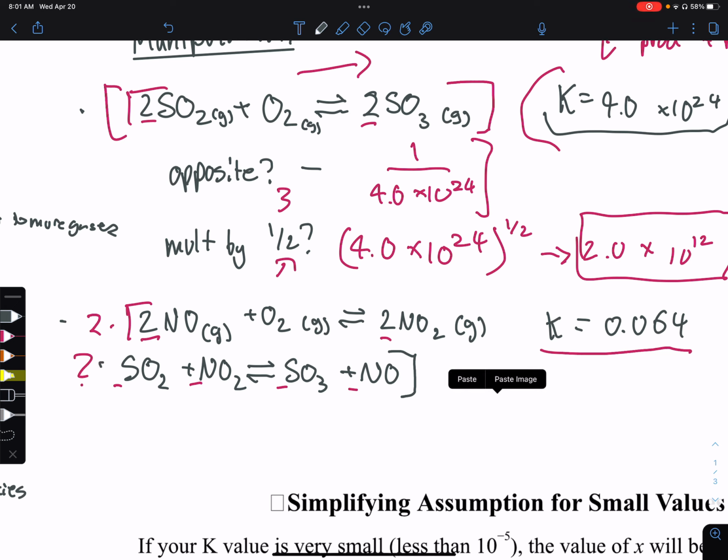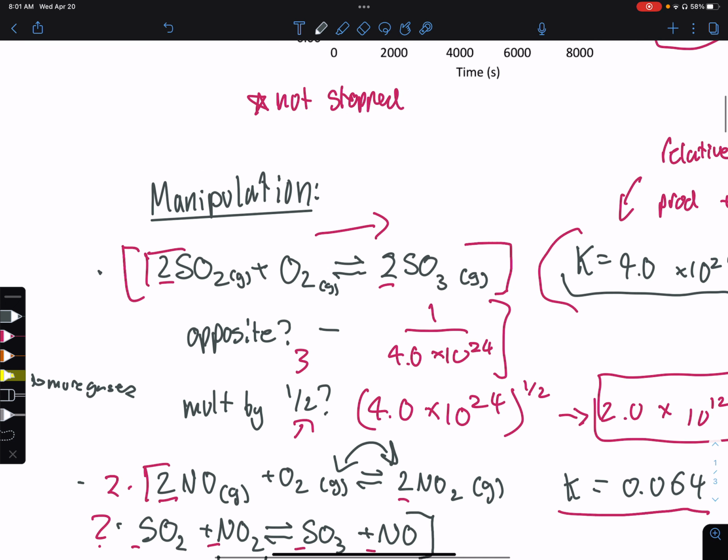If we notice here, this NO2 is on the left side, but NO2 was on this side. So we actually have to switch this up. What's the K value when we switch up the units? We talked about it here when we wanted the opposite: we just find the reciprocal.